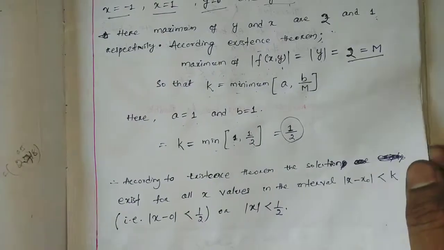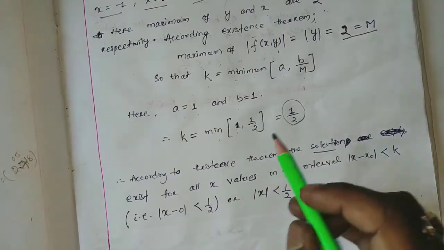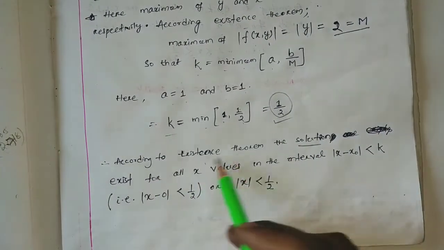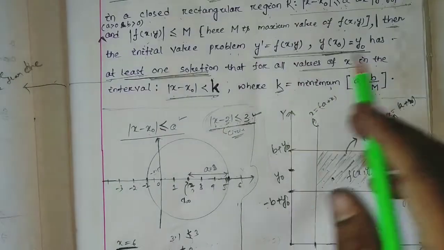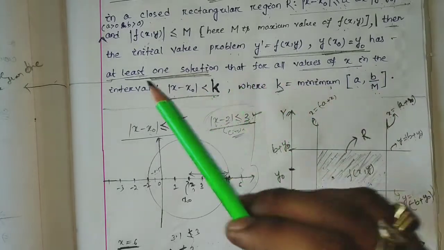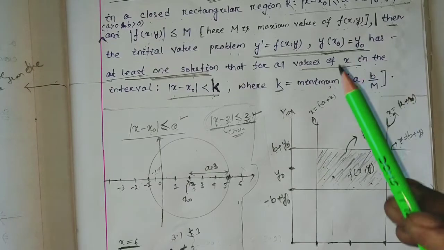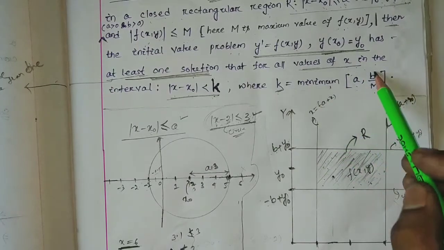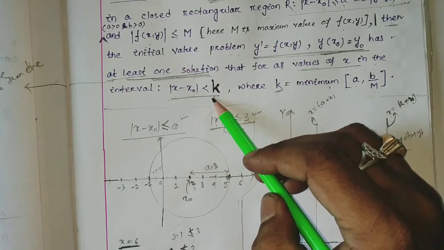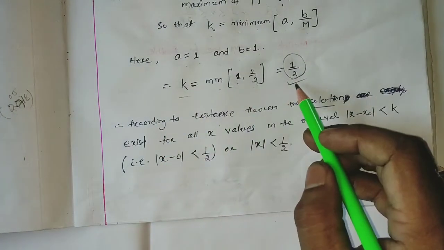So according to the existence theorem, here we got the K value. If I follow the existence theorem, then we can say that at least one solution exists for all values of x having the range |x - x0| less than K, where K is the minimum of a and b by M. That means here we got K as 1 by 2.